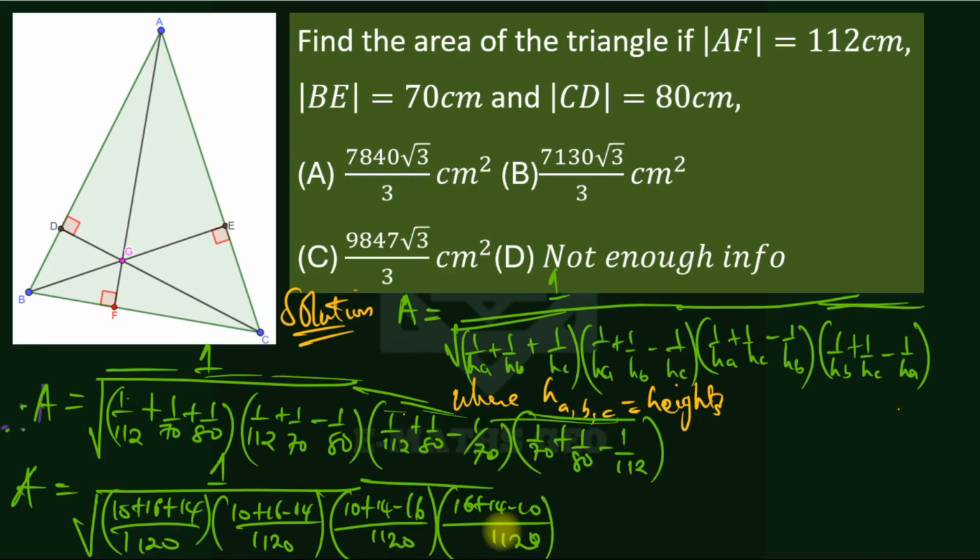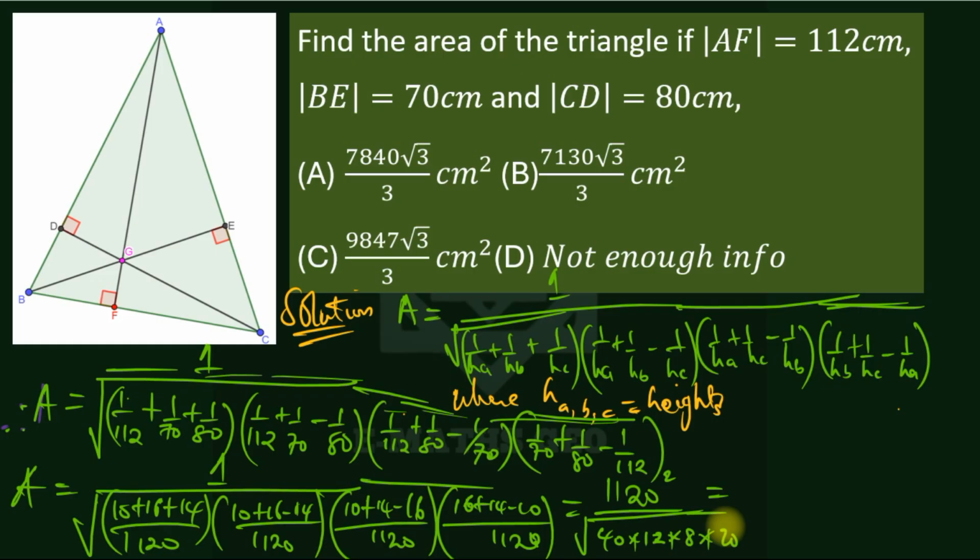So if you check, the denominator will be the square root of 1120 raised to the power 4. If you reciprocate, we have 1120 squared over the square root of 40 times 12 times 8 times 20.